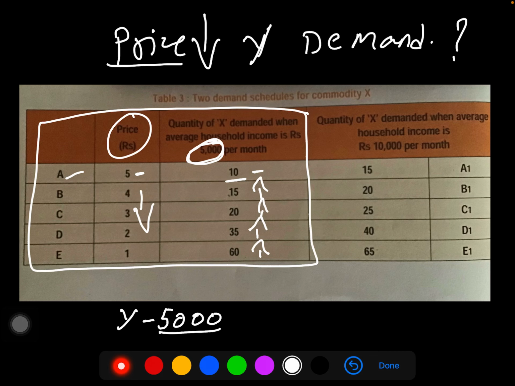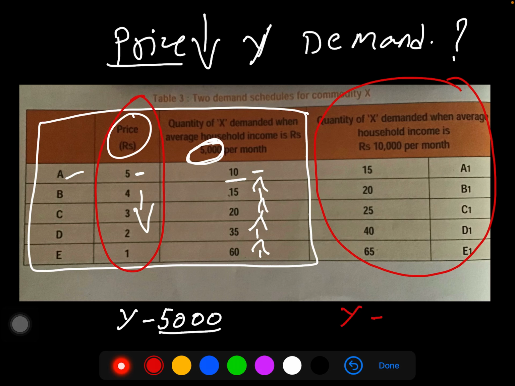In the other case, we'll take the same prices again. You can see the income of the consumer increased to 10,000 rupees. When income increases, his demand also increases. Instead of 10, he's purchasing 15 now because his income is 10,000 per month.